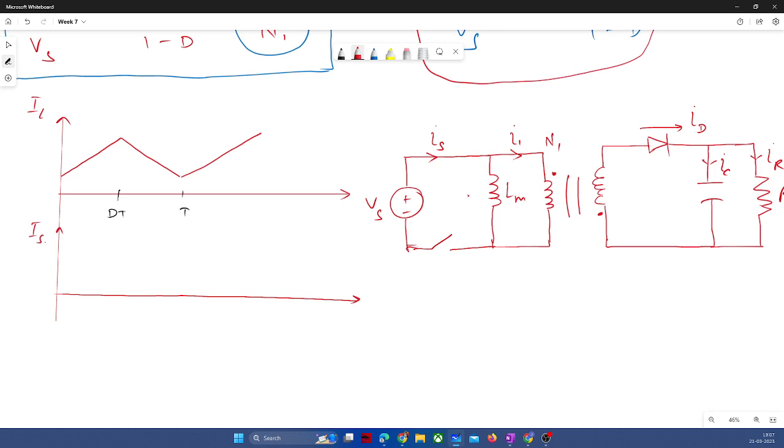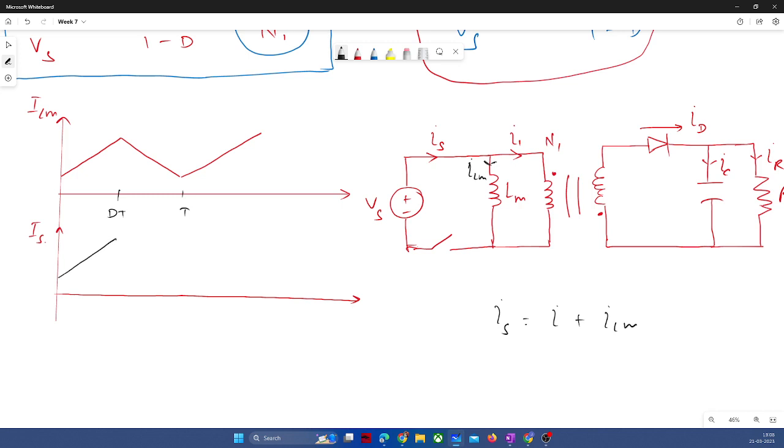If this is the current waveform of ILM, then IS will be equal to ILM plus I1 if you apply KCL. But I will draw it only as IS equal to ILM.